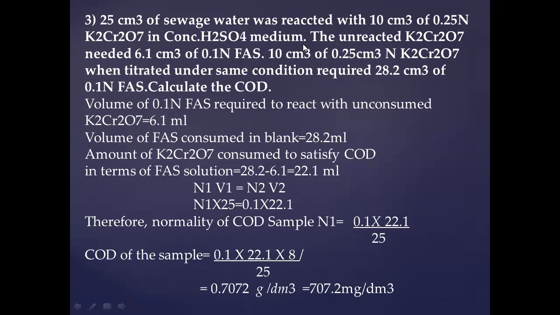Again the same thing they have repeated. When titrated under the same condition in the blank, it required 28.2 cm cube of FAS. So 28.2 is B, whereas 6.1 is A. The normality of FAS is 0.1, and the volume of sewage water used is 25.